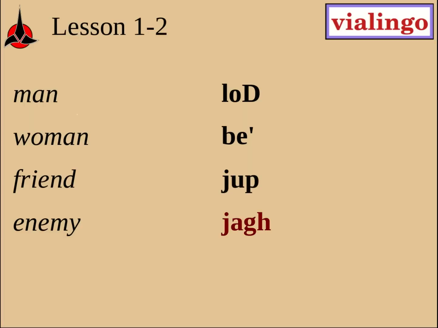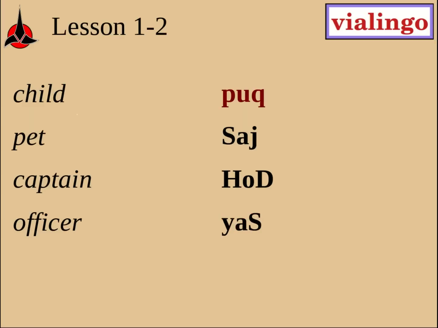Enemy is jagh. Imagine that you've captured your enemy in a large glass jar. Child is puk. Imagine a small child who is puking non-stop.